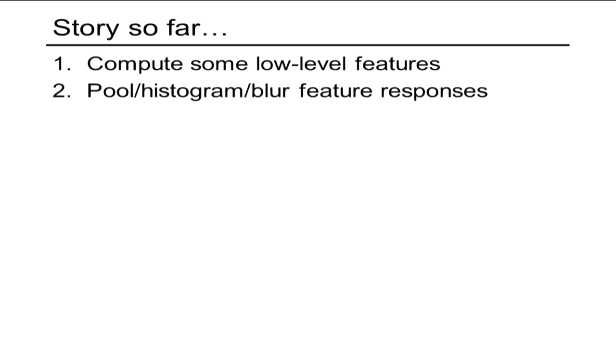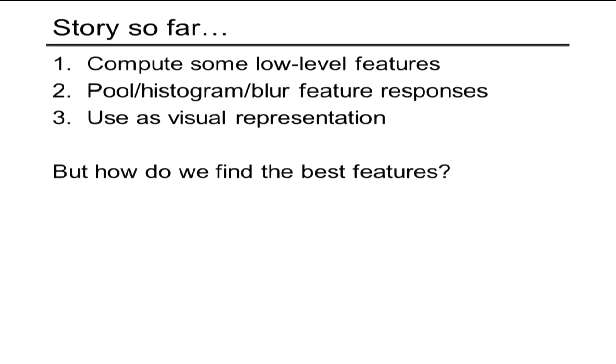So you somehow go from these infinitely many different filter vectors that will never repeat, and you compress that space in some way to get features that are more repeatable, okay? And then you use those features in your visual representation, and then you use some simple machine learning, nearest neighbor, linear classifier, whatever, to do whatever you want to do, okay?